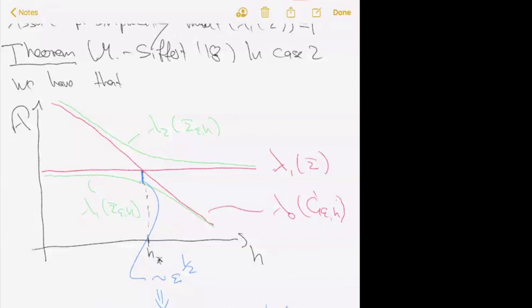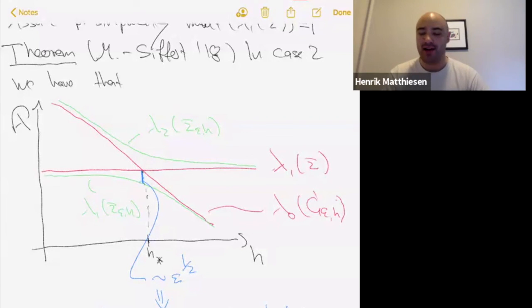For the first eigenvalue there's no obstruction, but for higher eigenvalues at some point you need to see something.